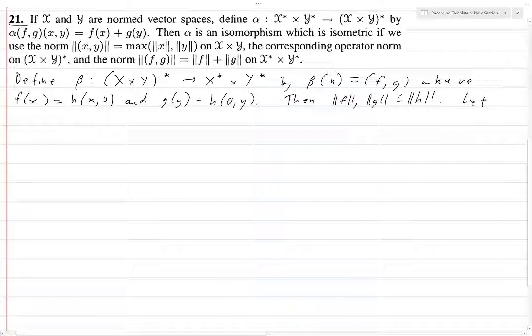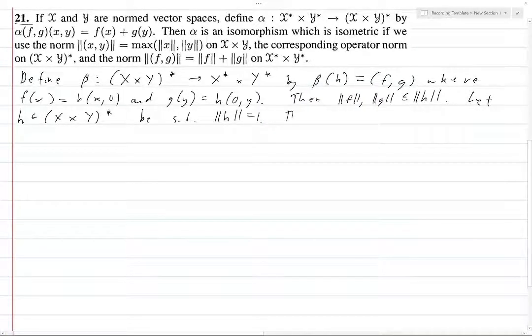So let h be an element in X cross Y, such that the norm of h equals 1. So it's not just any element.